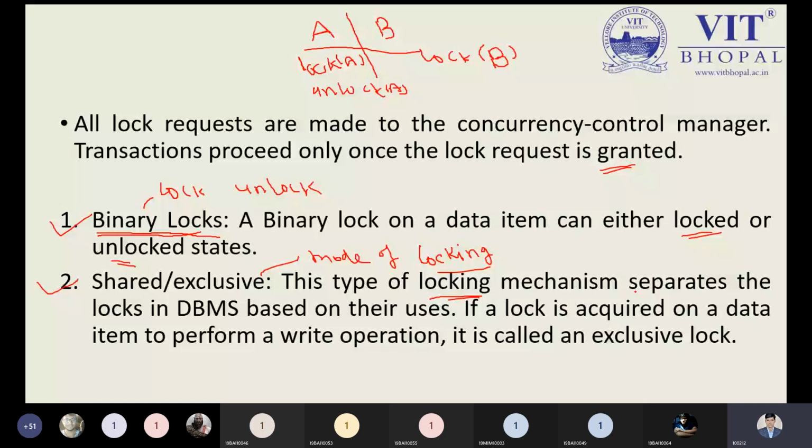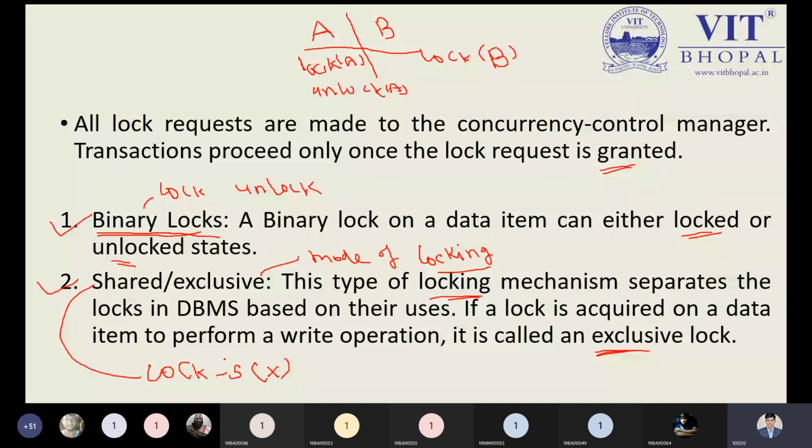If the lock is acquired on the data item to perform the write operation, then this is called exclusive. By default, if we are reading something from the data item using the locking mechanism, at that time you can use the shared lock. It can be represented as lock-S(X), where X is our data item.